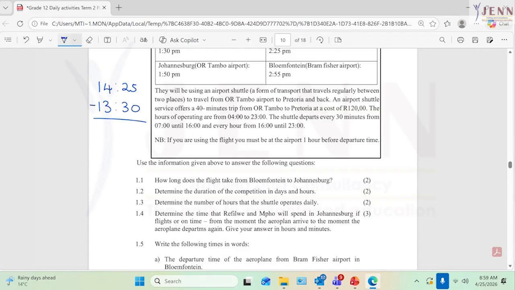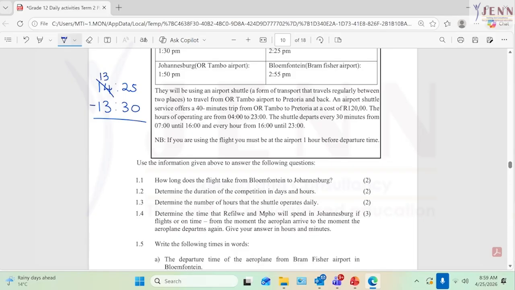Now, it's up to you. I've taught my learners how to use the calculator, but you can still do it the old way. The old way will be 25 minus 30. It's impossible because 25 is less than 30. So you borrow 1 hour from 14, then you are left with 13.